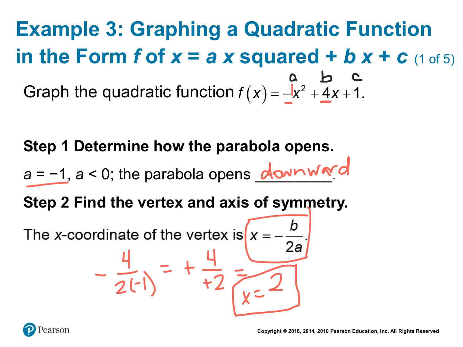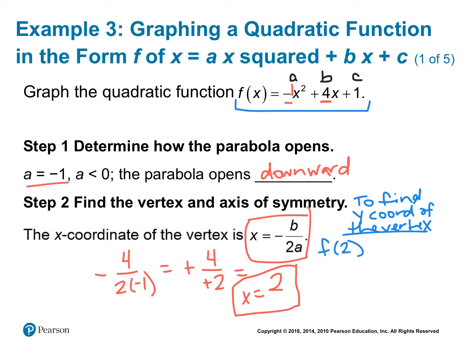So now that we know that, we need to know, what is the y value when the x is 2? So we need to find the y-coordinate of the vertex. We're going to find what f(2) is. If I look back at my equation, I'm going to replace all the x's with 2's.